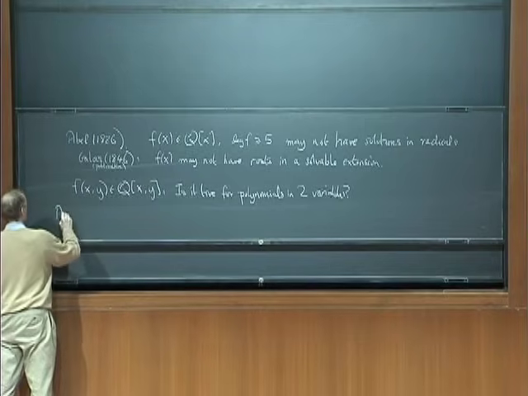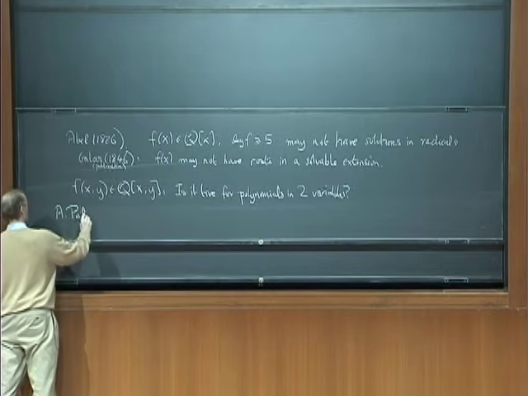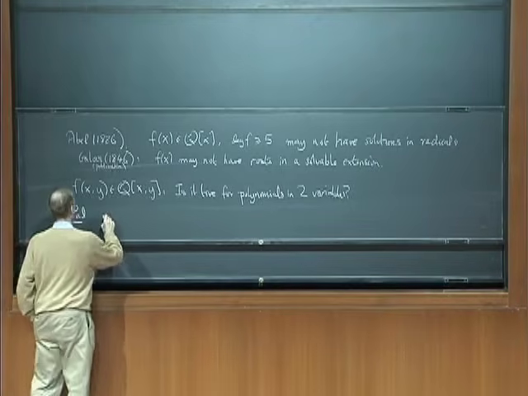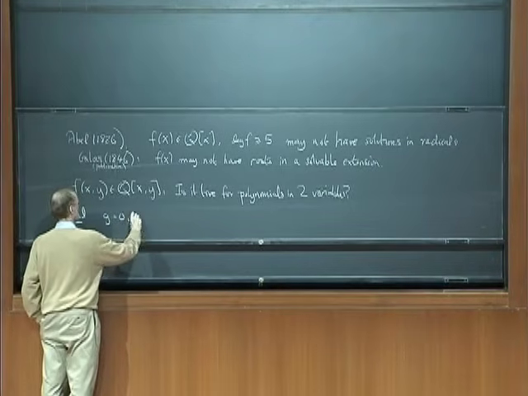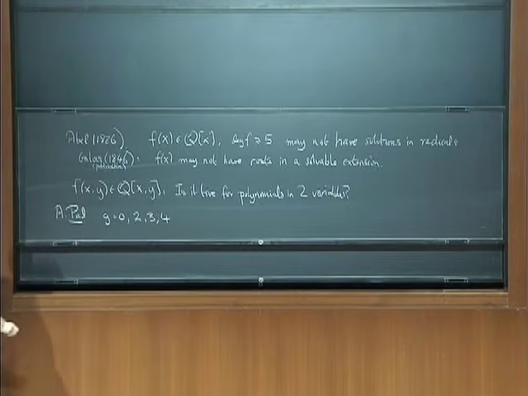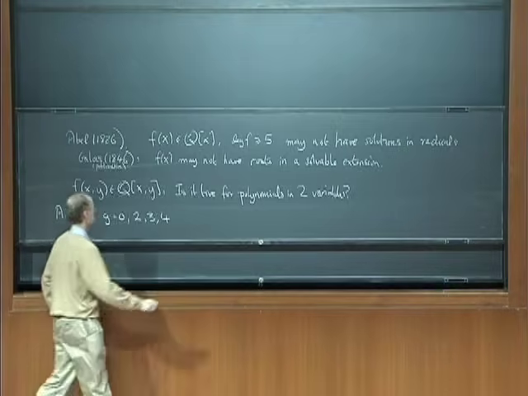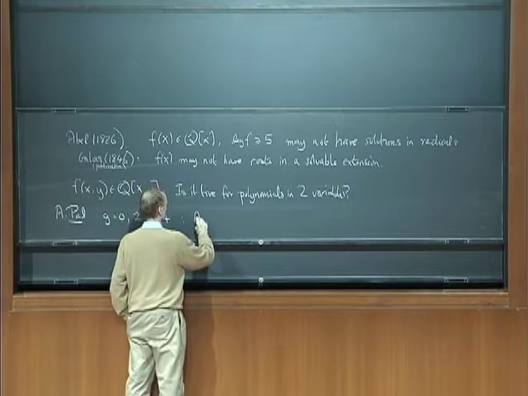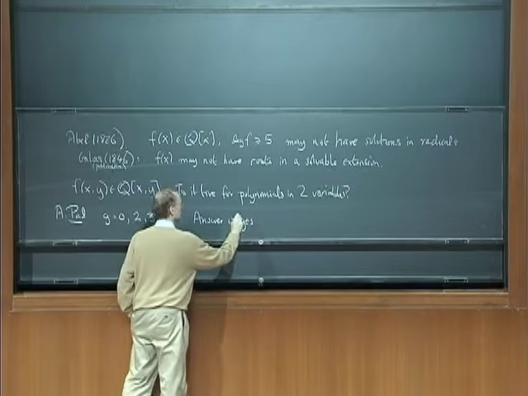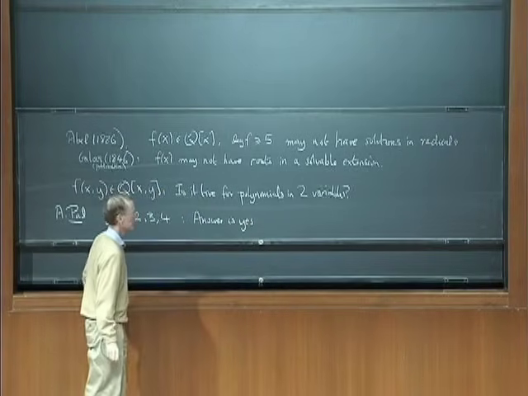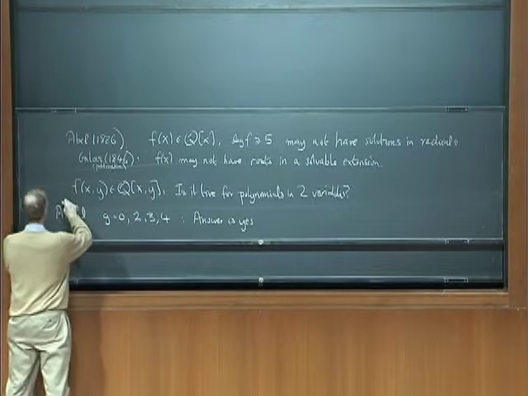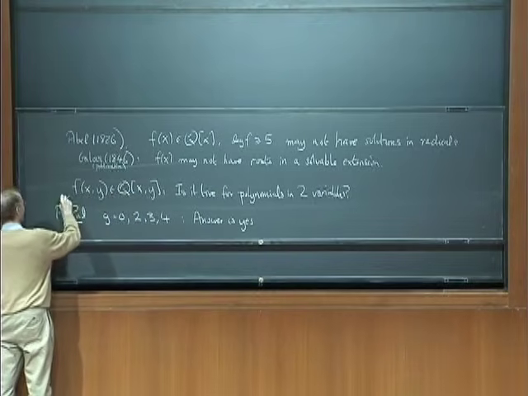So Ambrose Paul has observed that for g equals 0, 2, 3, and 4, the answer is yes. There are solvable points. What is g? Genus, sorry. Yeah, I should have said.